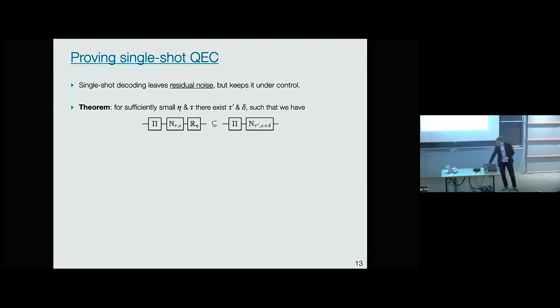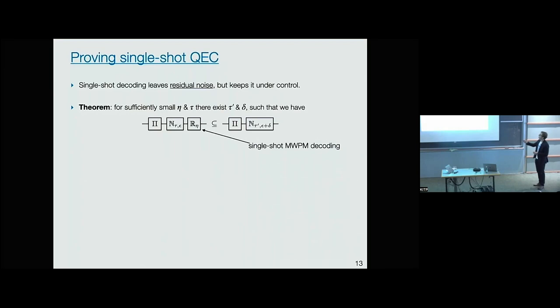So let me slowly walk you through this inclusion. So here are the nodes, a class of channels that describe single-shot minimum weight perfect matching decoding that we discussed over the past few slides.